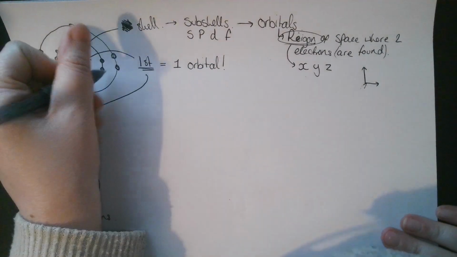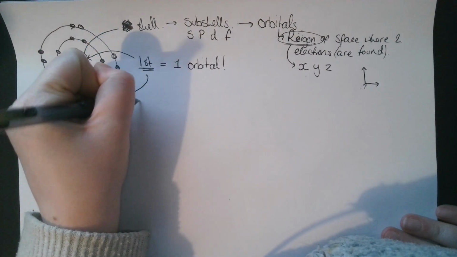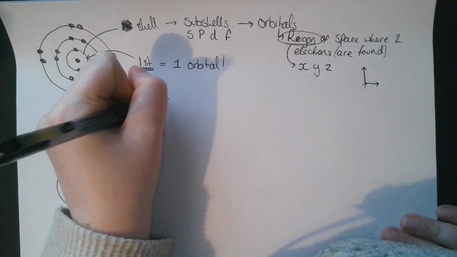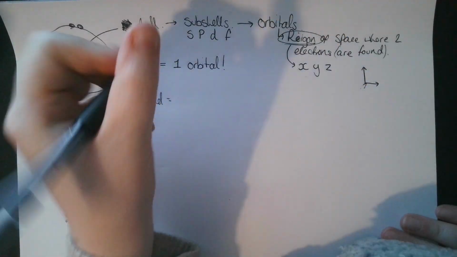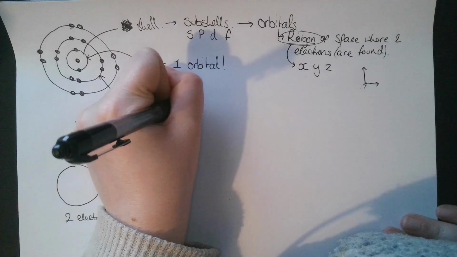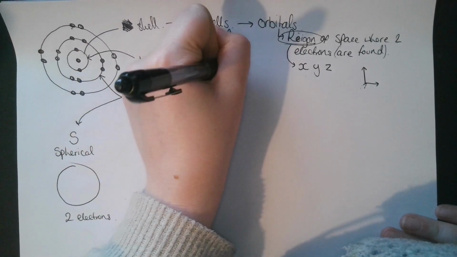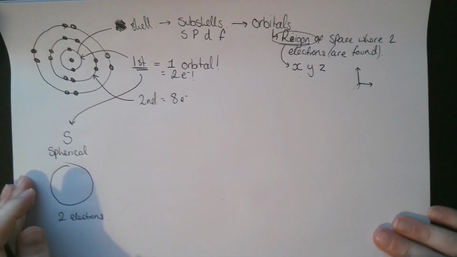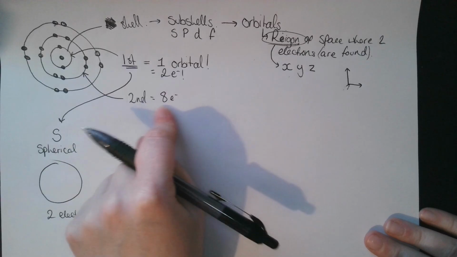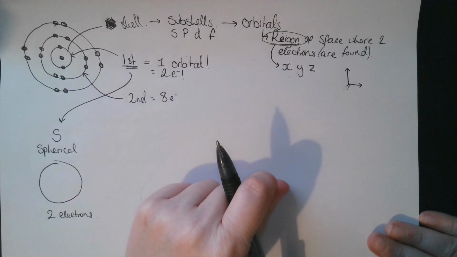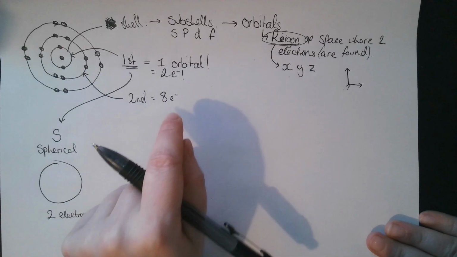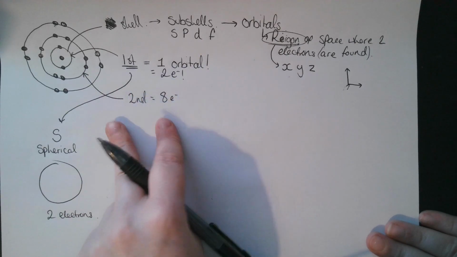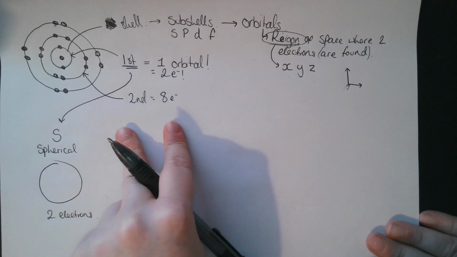Okay, so number 2, second shell. Now, second shell, as mentioned, can hold 8 electrons. That is still true. And the second shell contains 2 different subshells.